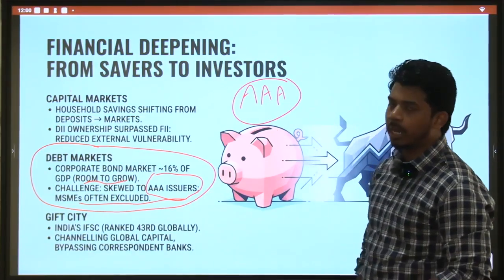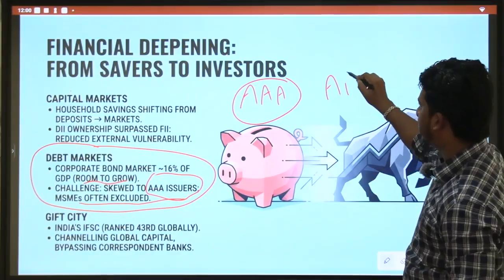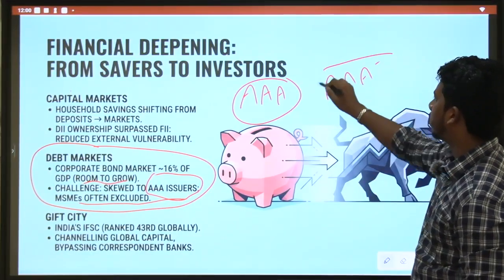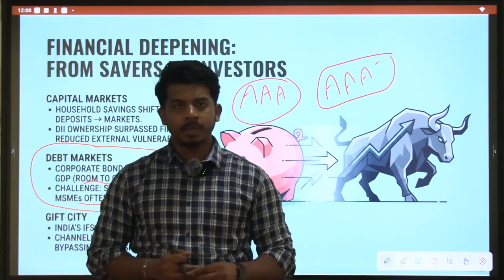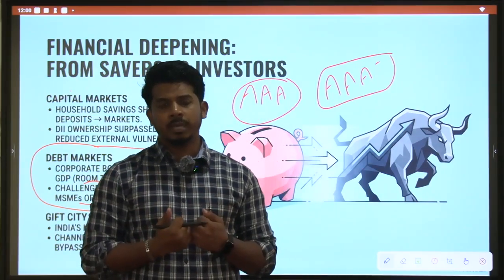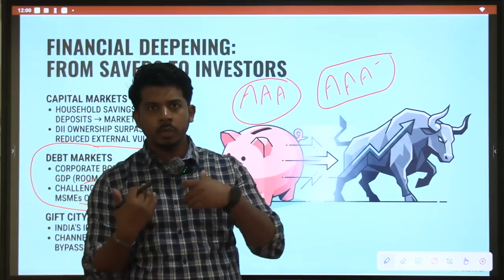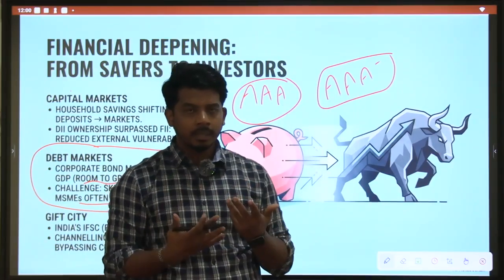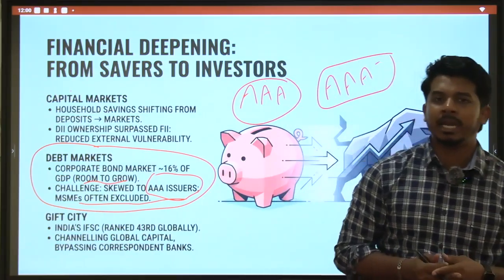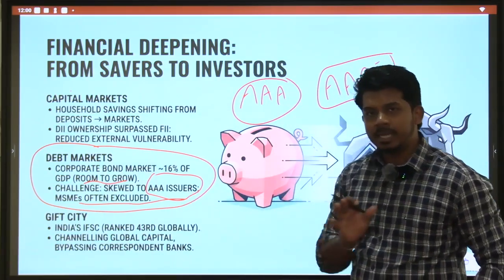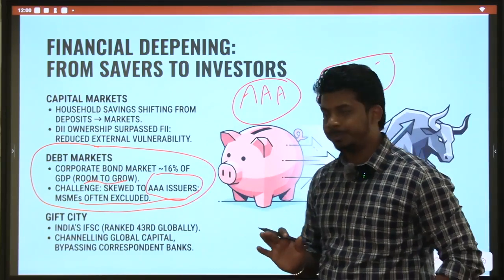So those who have AA or AA minus, very high ratings, are the only ones getting the bonds, debts, etc. If I am a new borrower, I may be a sincere person, but I will not have a good rating and I will not get enough bonds or debts from the market. Because the market is hesitant, it is not yet fully developed.